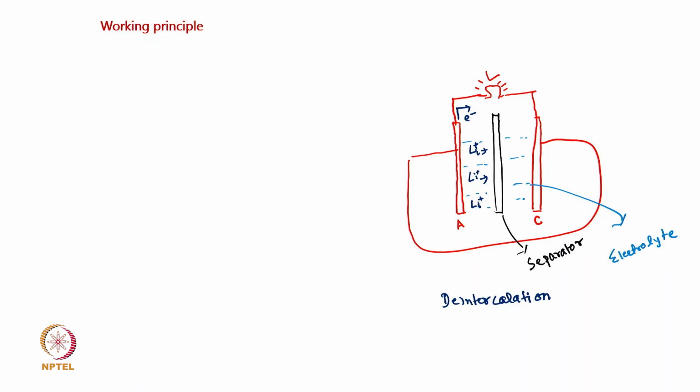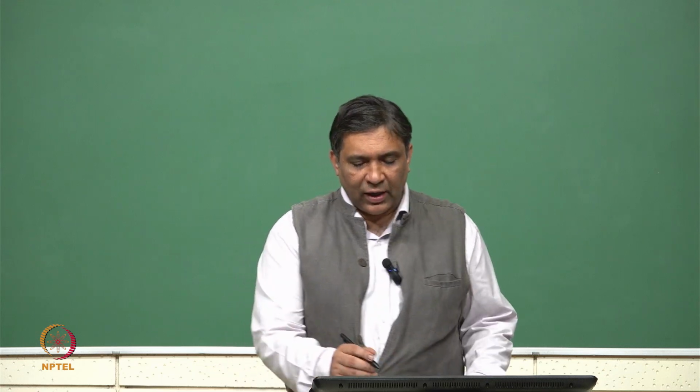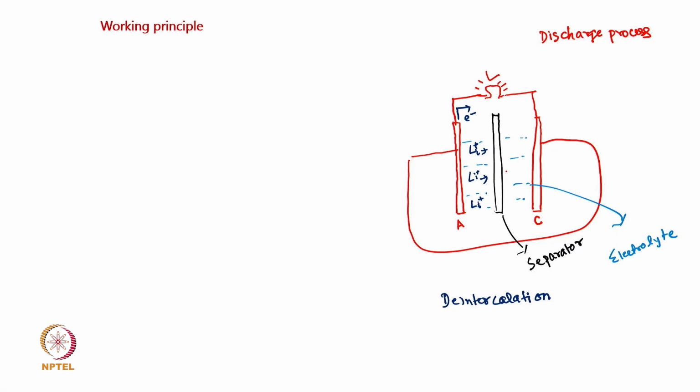So, this is the discharge process of LIB. What happens with lithium ion is that it starts from anode and by de-intercalation goes towards cathode through the separator, and then the cathode, which is also a compound of lithium, starts accepting the lithium ion.